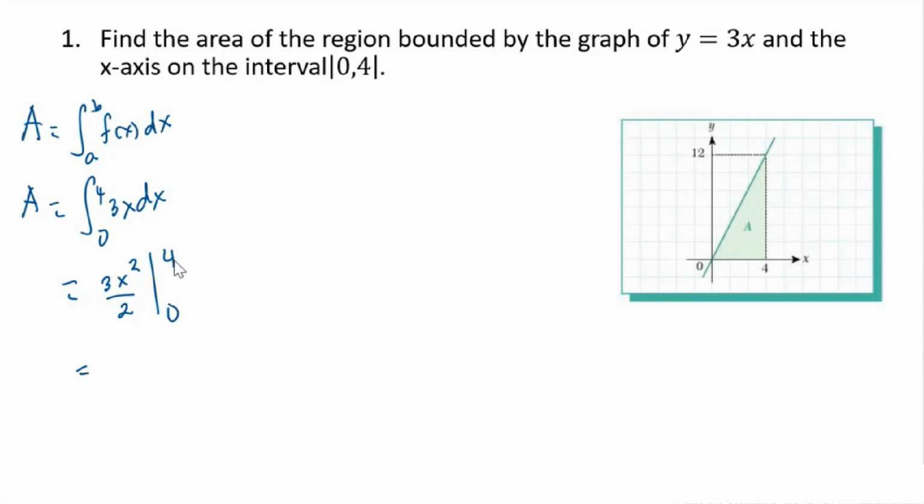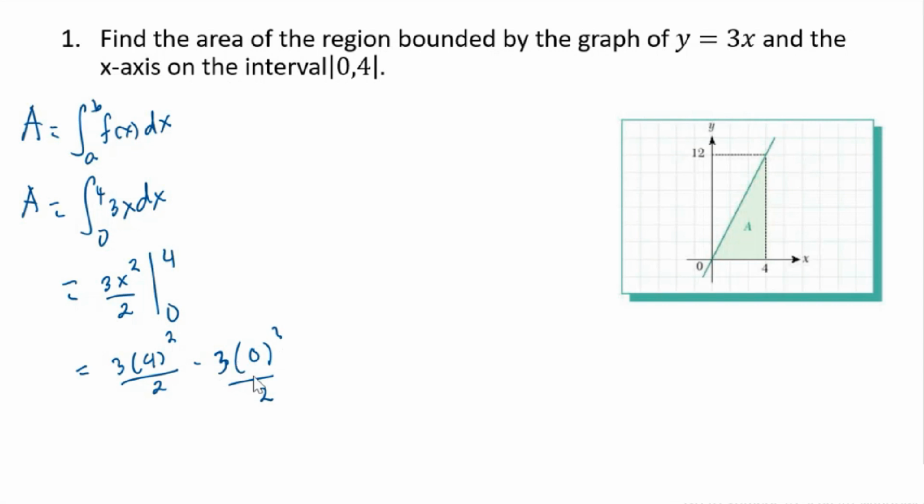Now we substitute the limits: the upper limit minus the lower limit. So we have 3 times 4 squared all over 2, minus 3 times 0 squared over 2.